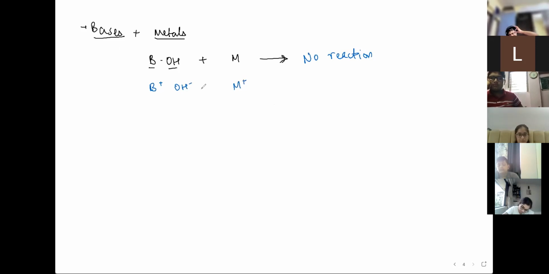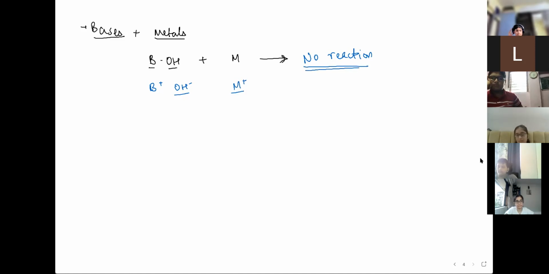Now you might think that plus and minus might combine, but again, if it is all within water itself, it's again going to ionize and remain as M+ and OH-, right? So that is the reason that when you treat bases with metals, there is no reaction that takes place.